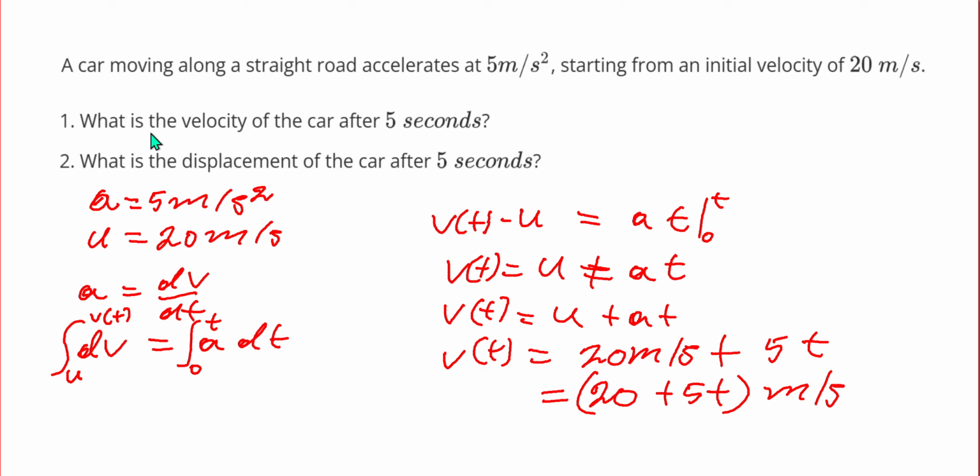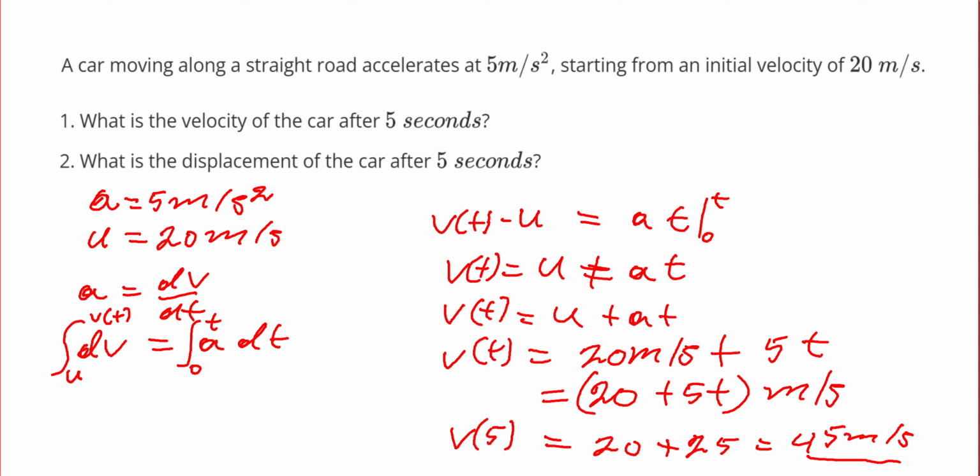So the first question says, what is the velocity of the car after 5 seconds? So when we substitute the value of t, v of 5 is 20 plus 5 times 5, which is 25, which gives us 45 meters per second.